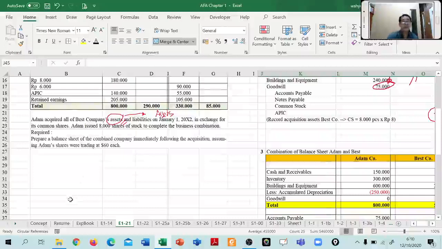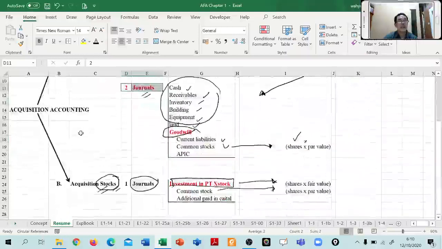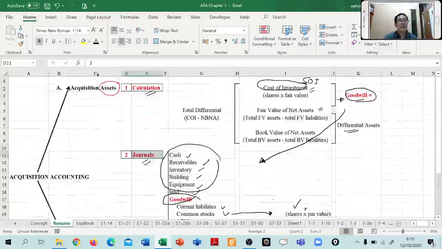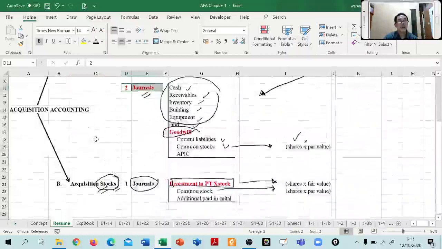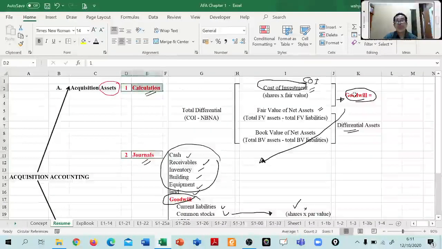Before we finish this meeting, please remember that there are two kinds of acquisition accounting. First is asset and the second is stock. If we get an asset acquisition, we have two steps: first, make a calculation to get goodwill, and second, the journal.